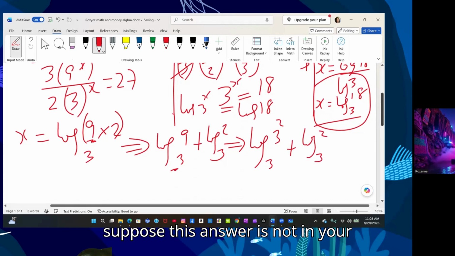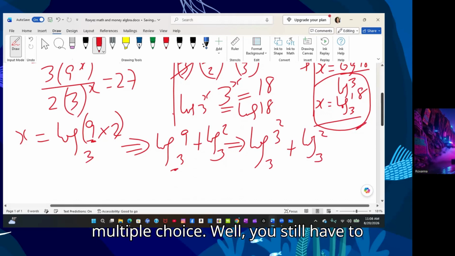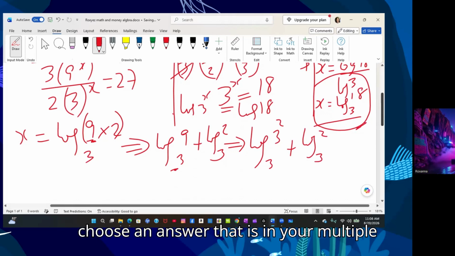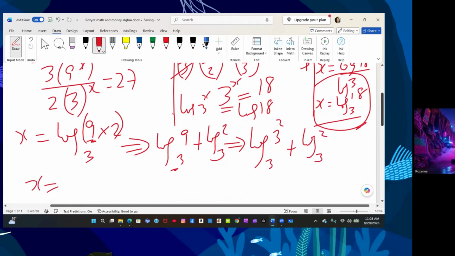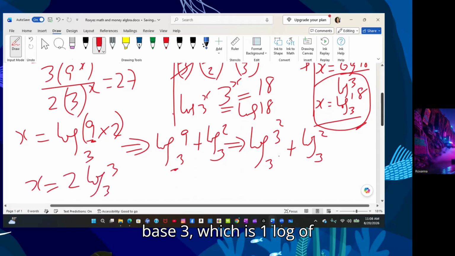So I'm saying, suppose this answer is not in your multiple choice. Well, you still have to choose an answer that is in your multiple choice. So x is equal to the first one, 2 log 3 to base 3, which is 1. Log of any number to its base is 1, plus log 2 to base 3.